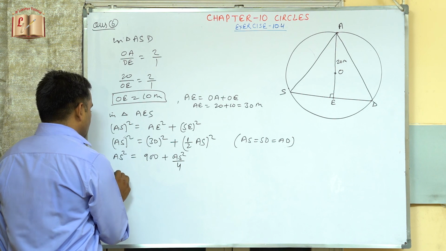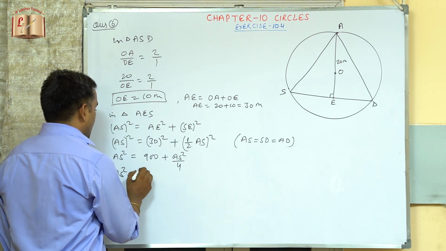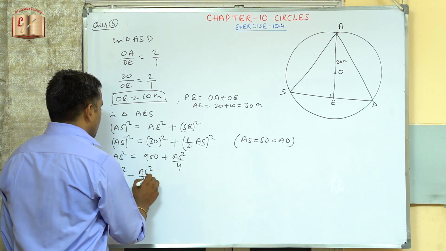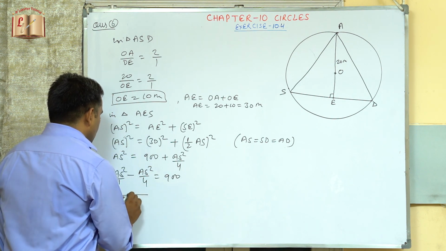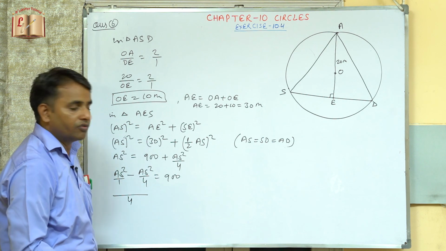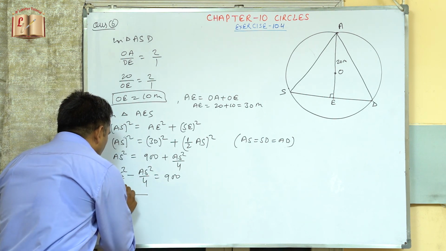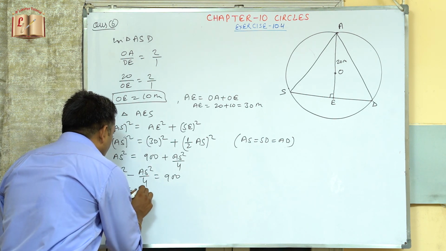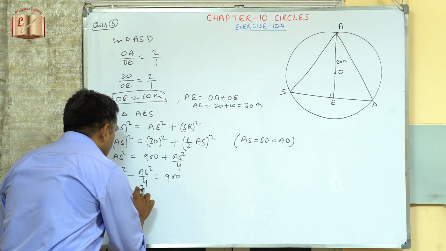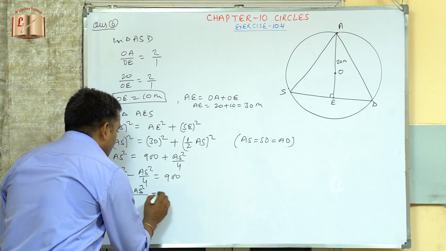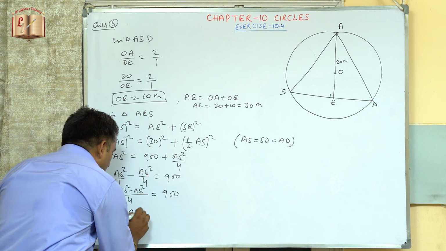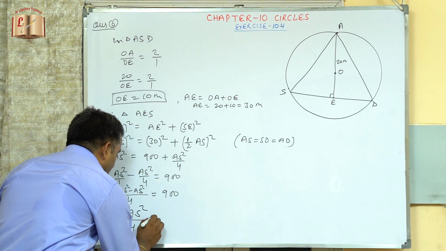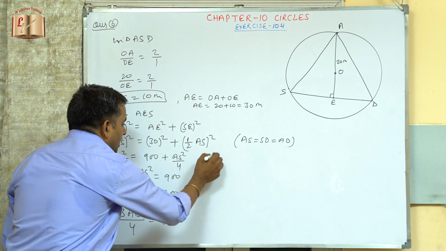We can take this side, so AS square minus AS square by 4 is equal to 900. Taking LCM as 4, this will be 4 times AS square minus AS square, equal to 900, or 3 times AS square by 4 is equal to 900.